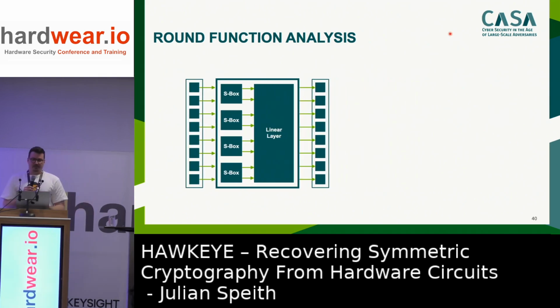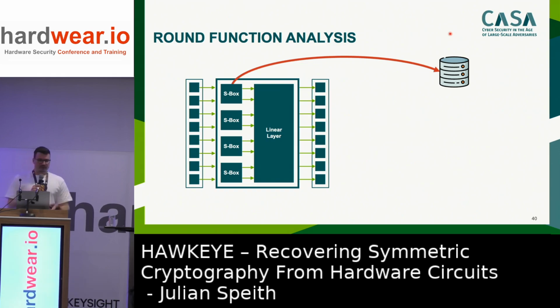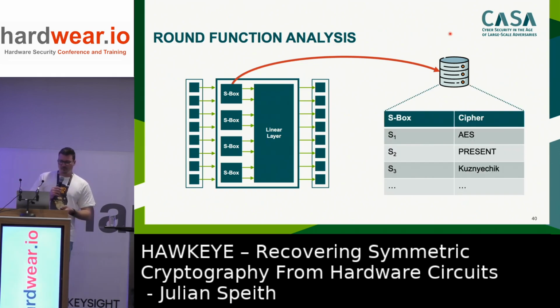And the idea is then that we know S boxes from public documentation, from standards, from whatever, and we have a database of S boxes. So we have AES, we have PRESENT, we might have Kuznyechik, the Russian AES counterpart. And we might have all these S boxes in our database. And then we just check the S box that we extracted from the circuit against the database, using some smart algorithm that our crypto people found somewhere on the internet in another publication.